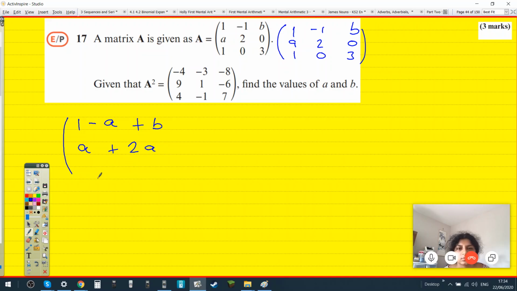So can you now solve for A? 3A is equal to 9. A is equal to 3.